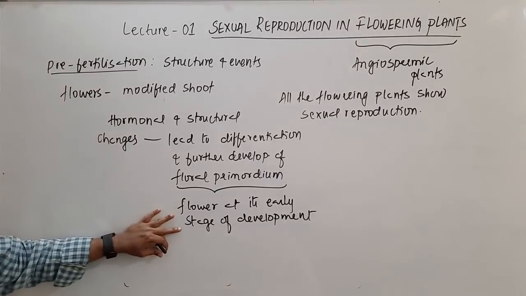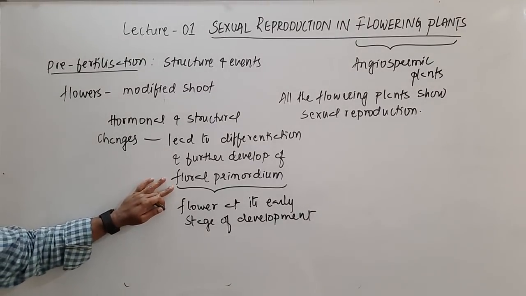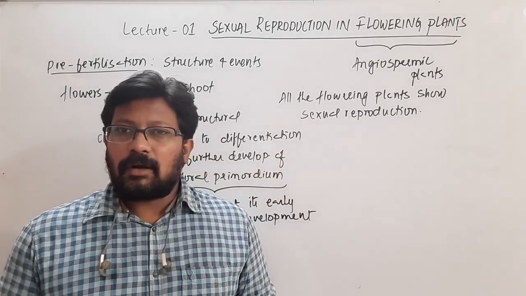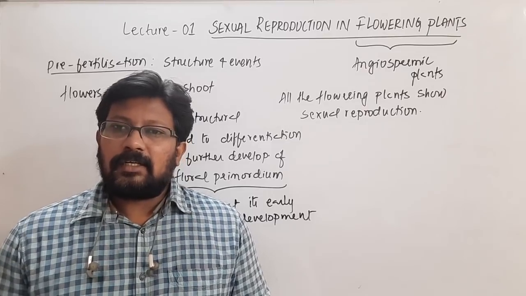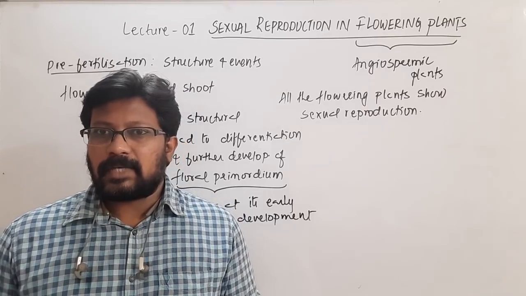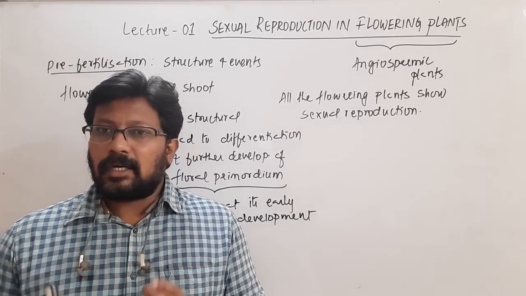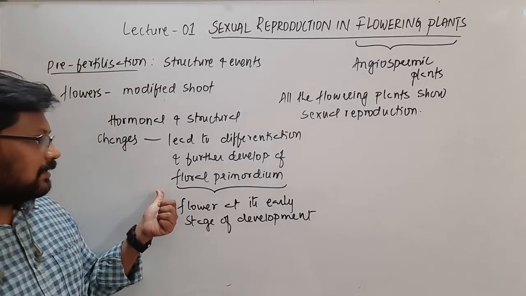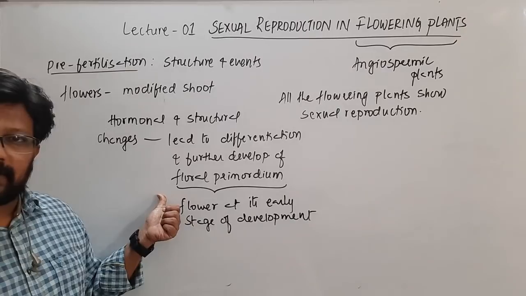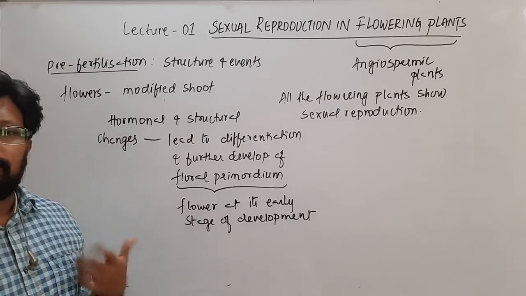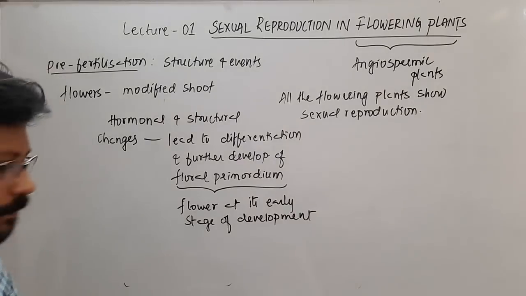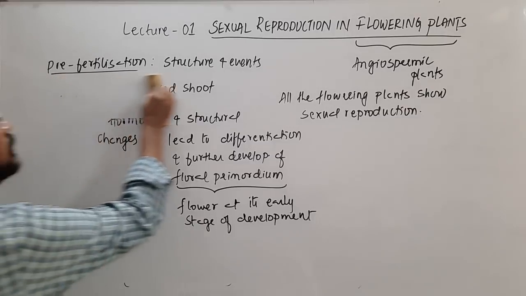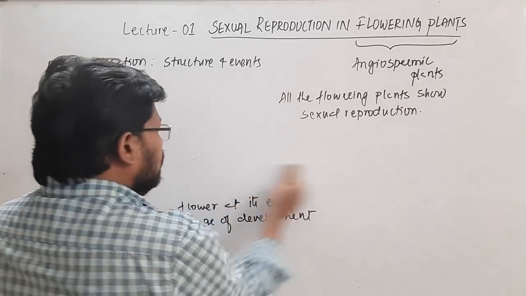In the floral primordium, the parts of the flower are not yet differentiated. There are no sepals, petals, androecium, or gynoecium seen clearly. Later, as this floral primordium develops and undergoes differentiation, we will be able to see the sepals, petals, androecium, and gynoecium in detail.